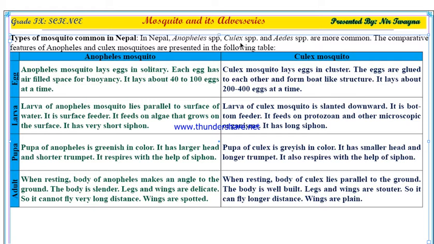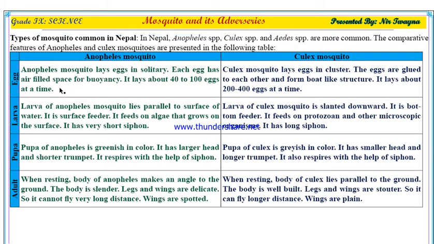Culex mosquito transmits filaria. Filaria means hatipaile. And Aedes mosquito transmits dengue and yellow fever. In the past, Anopheles and Culex mosquitoes were more common. Nowadays, Aedes mosquitoes are also widespread.